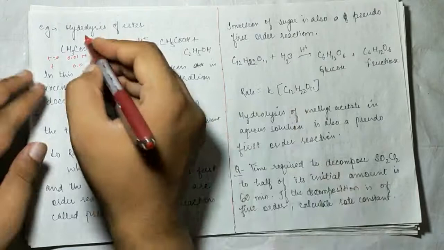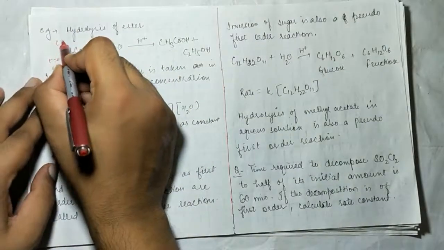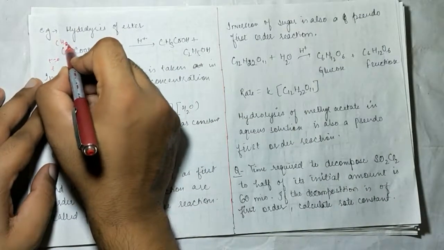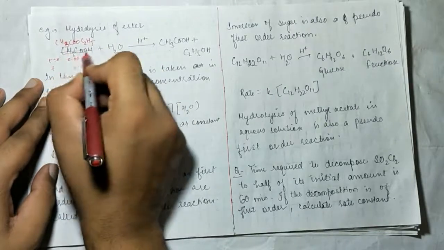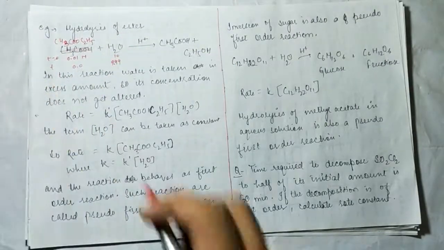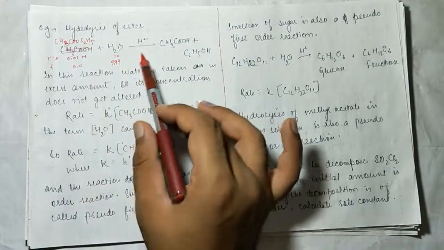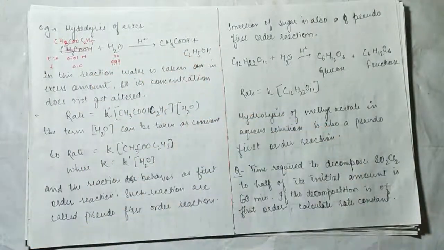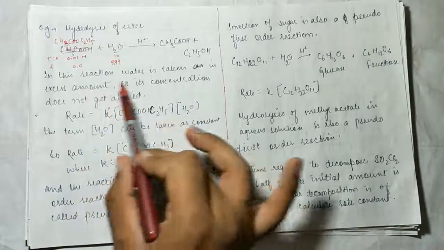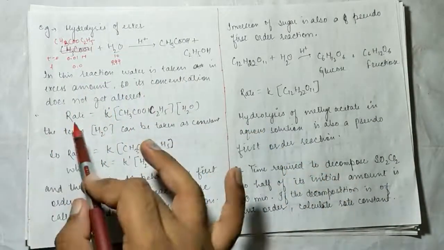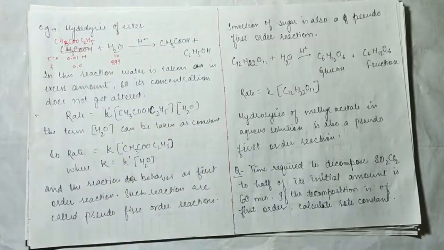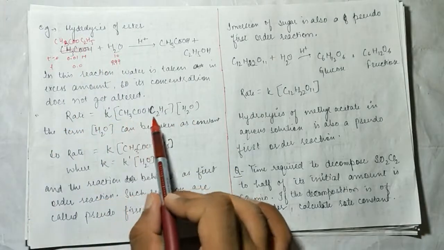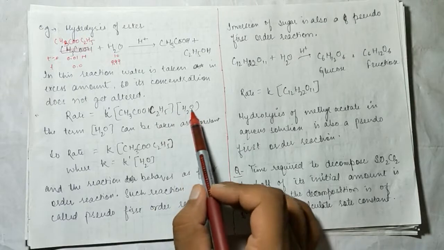Actually, it is not CH3COOH, it is CH3COOC2H5. Okay, CH3COOC2H5 plus H2O gives CH3COOH plus C2H5OH. In this reaction, water is taken in excess. Okay, and the rate, as I have already told you, will depend upon both: rate equals k dash times CH3COOC2H5 times H2O.